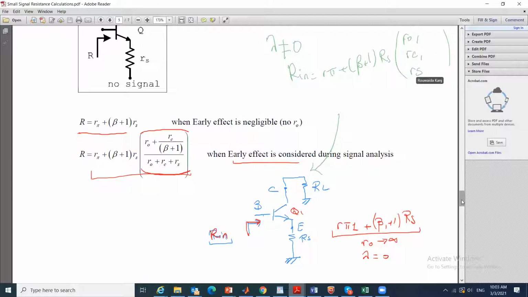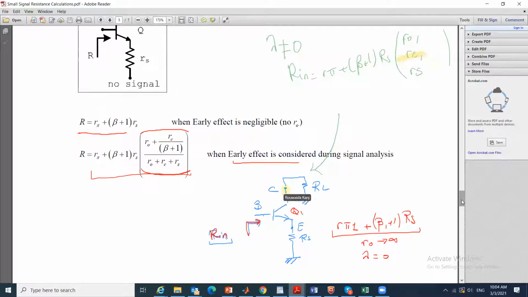What is Rc for this circuit example here? What is the RC for the circuit in blue? RC for the circuit in blue in this circuit.